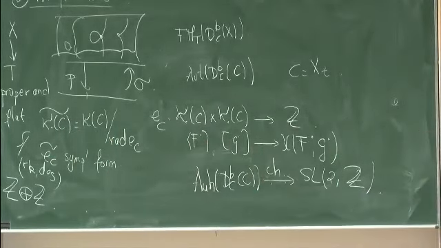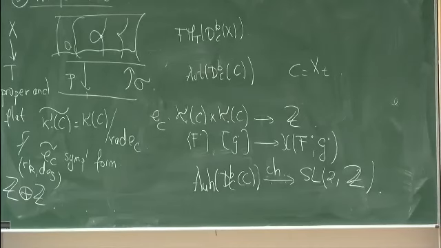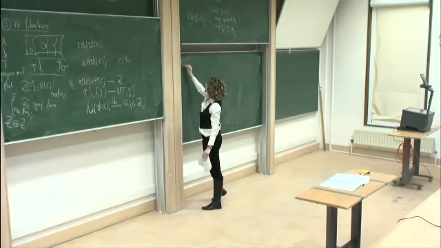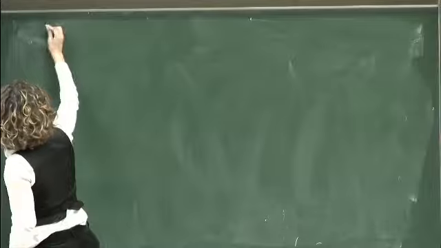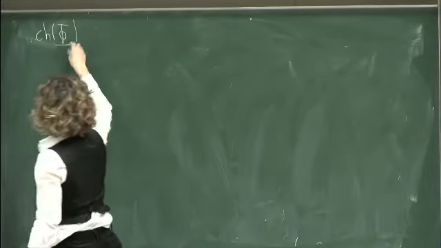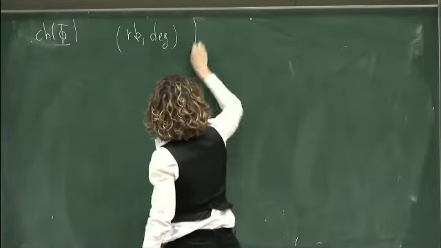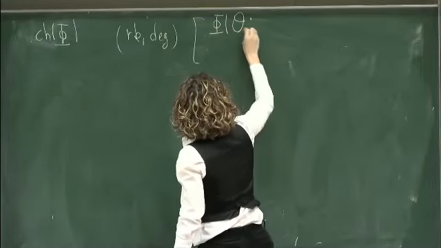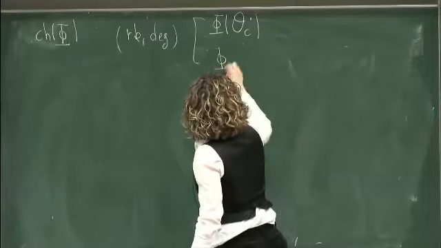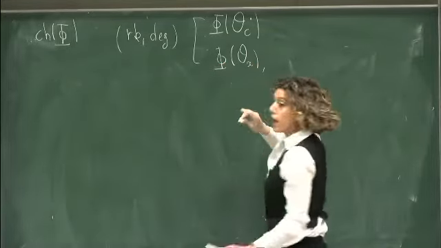An important thing is that in order to determine the Chern character of an equivalence, you just need to know the rank and the degree of the transform of the trivial bundle and of the structure sheaf of any smooth point.